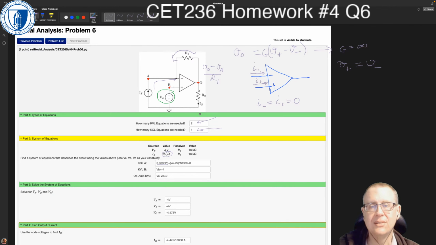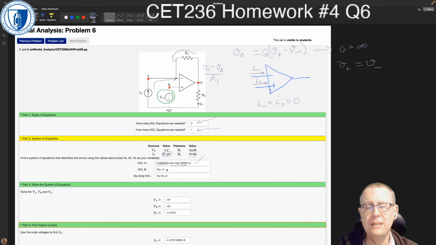R1 and R2 are both the same, 18 kilo ohms. So there's our input current. There's no other currents flowing into node A, so we've got KCL at A.